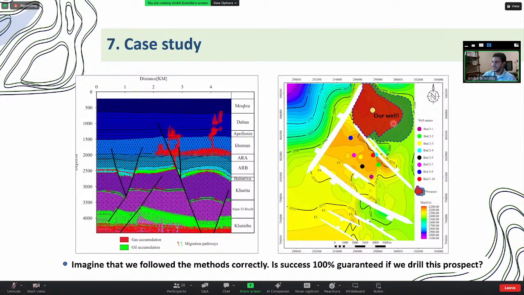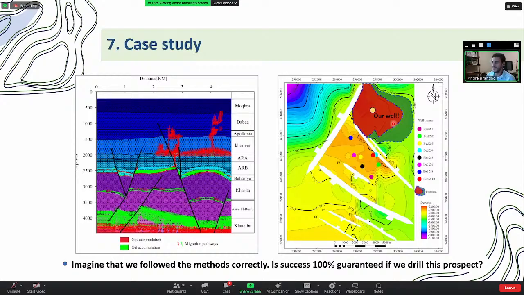So basically, there is not 100% chance of success until we drill a well. Even though we had the most refined models and the most advanced data, we're only going to be able to prove if there is oil when we drill a well.